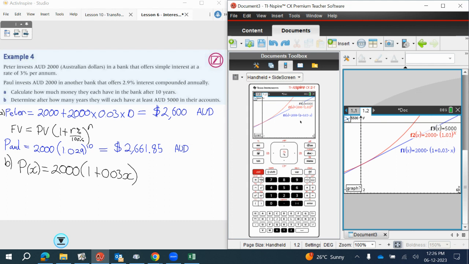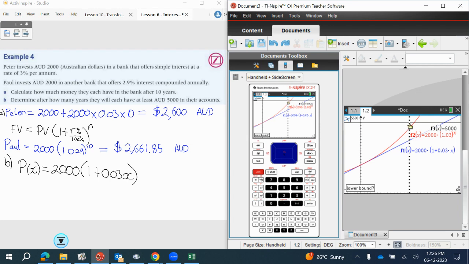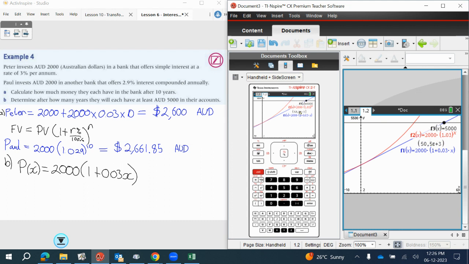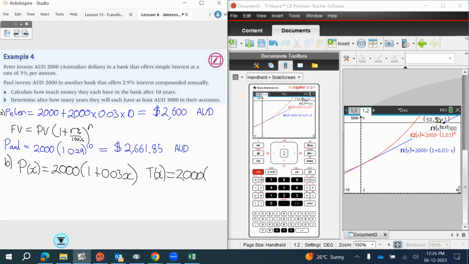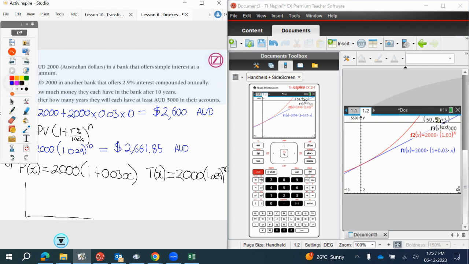Intersection. We want this graph and this graph. That would be 50 years, and it happens about there. Exactly. It happens at 50 years. Oh, I just realized we could have mentally calculated that.